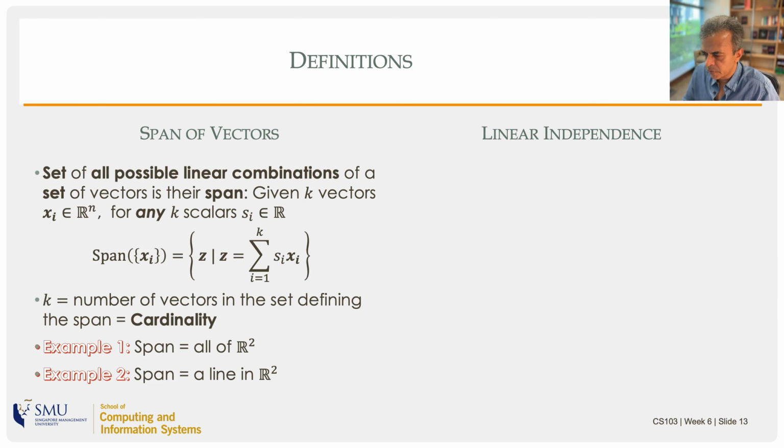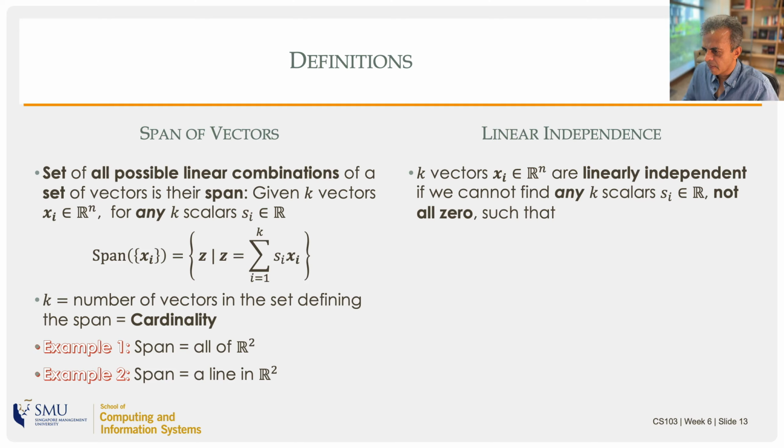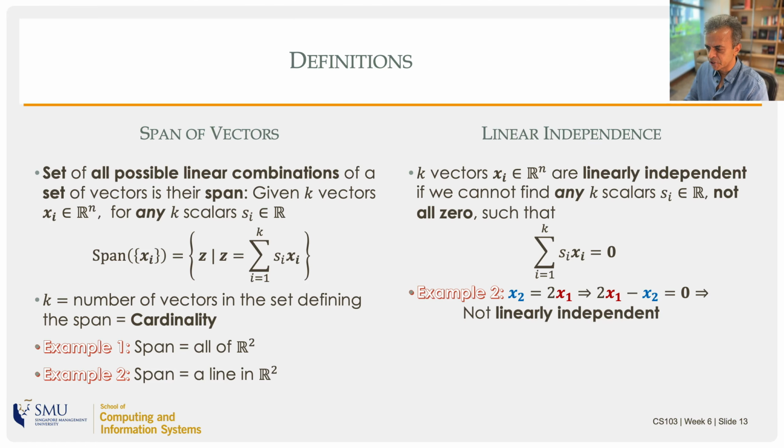Now we went on to linear independence. We said that k vectors are linearly independent of each other if we cannot find any k scalars, not all zero, such that this linear combination is 0. This sounds a bit mysterious. This is not the way we defined it earlier, but it's actually identical to that. So in example number 2, we had the situation where x2 was 2x1, the blue vector was twice the red vector, and we said for that reason it was linearly dependent because one was on top of the other.